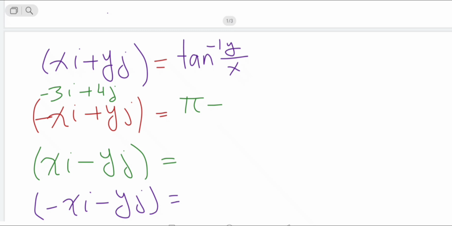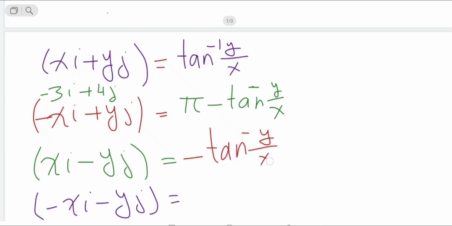So pi minus tan inverse y over x. If x negative, you will subtract from 180 or pi, same. If in radian, pi, if in degree, 180. Okay, next, if y is negative, the angle will be negative, minus tan inverse y over x.